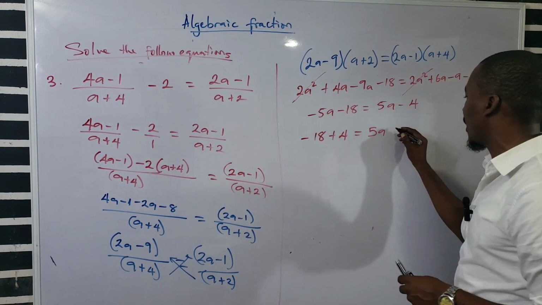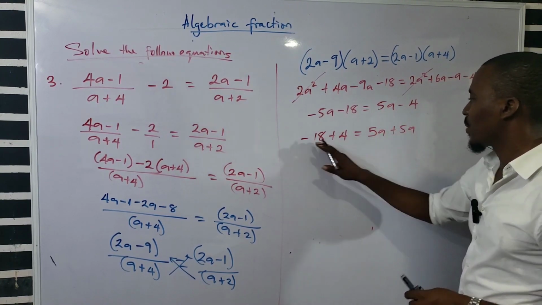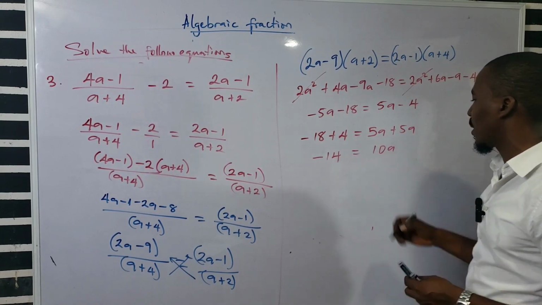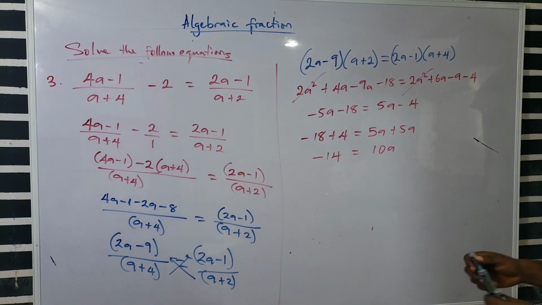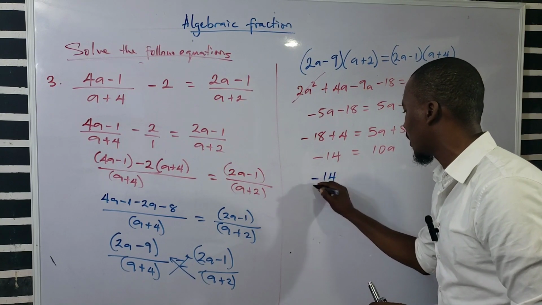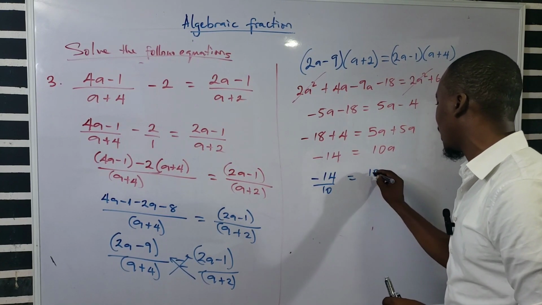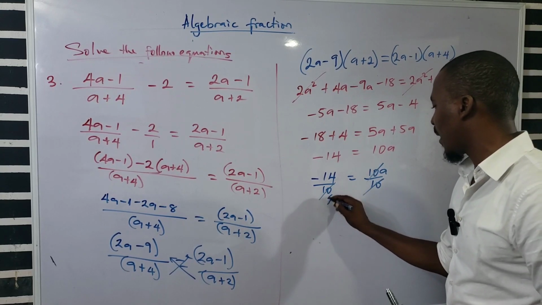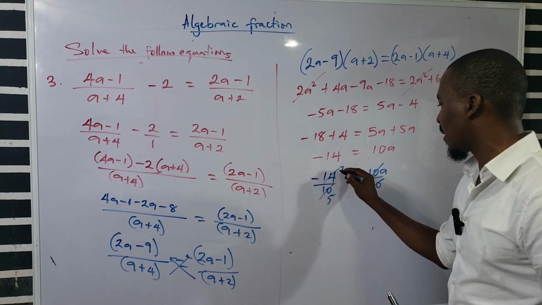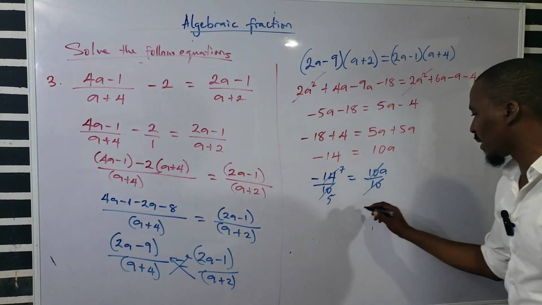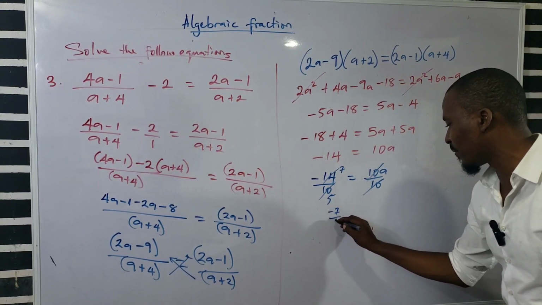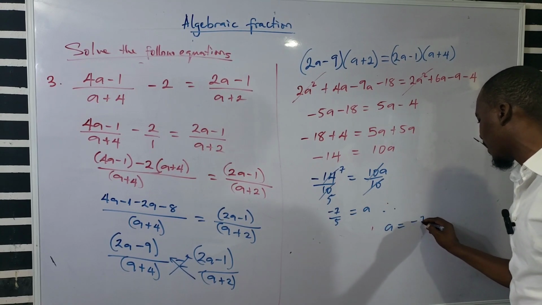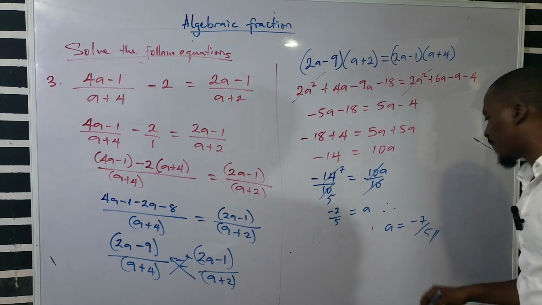This one come over here plus 5a. So this and this will give me minus 14 equals to 10a. So divide both sides by 10. So that will give us minus 14 over 10 equals to 10a over 10. This and this will go 5, 2, 5, 7. Okay, so that will give us that minus 7 over 5 equals to a. Therefore, you can say that a equals to minus 7 over 5.